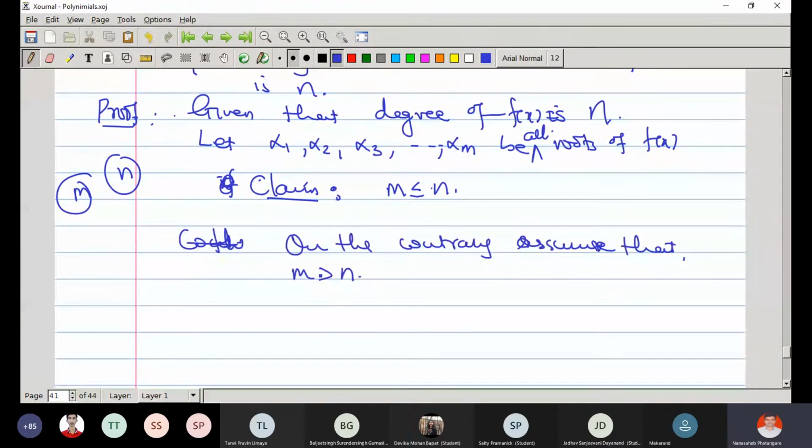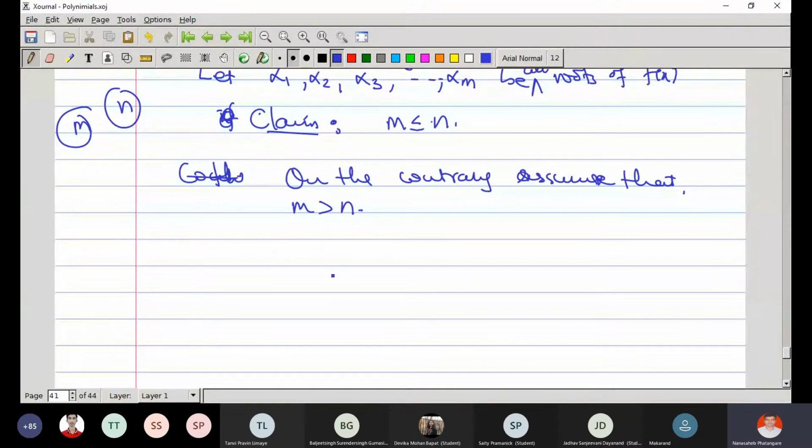Suppose the number of roots is greater than n. Let us see what contradiction we get.